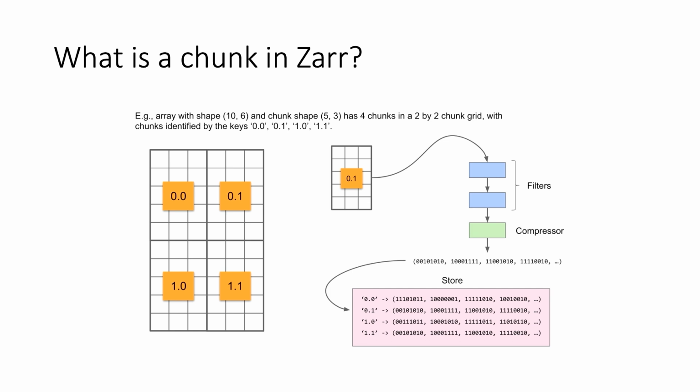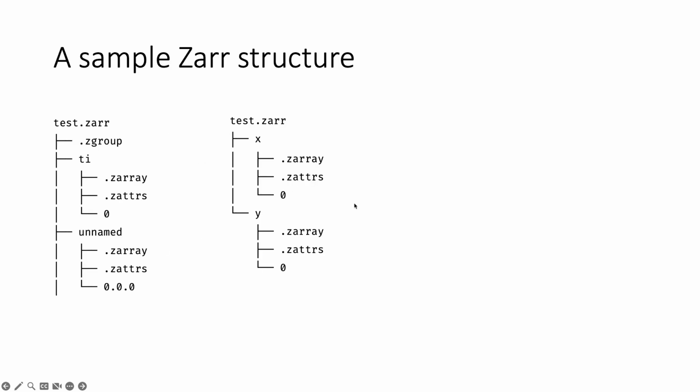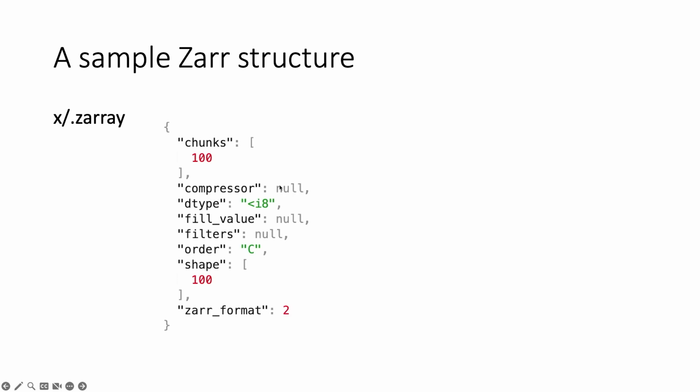Yeah, again, just to reiterate, the way a chunk works in ZAR is that this is your entire array. Within that, let's say you have 4 chunks in that array. So these are addressed by A.B.C, depending on the number of dimensions. Now, what happens when you read a chunk is that you'll recall that there were specifications for a compressor and some filters here.